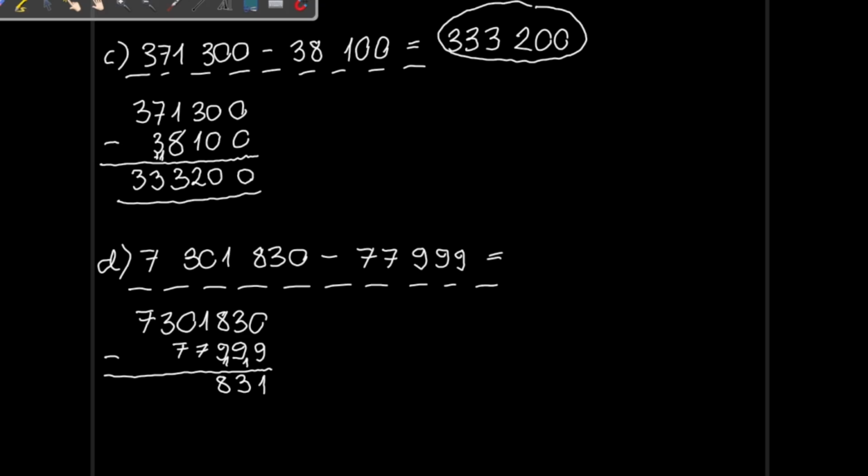That's 8. 8 plus what is 11? 3. 8 plus what is 10? That's 2. 1 plus what is 3? 2. And 0 plus 7 is 7, and that's our result here.